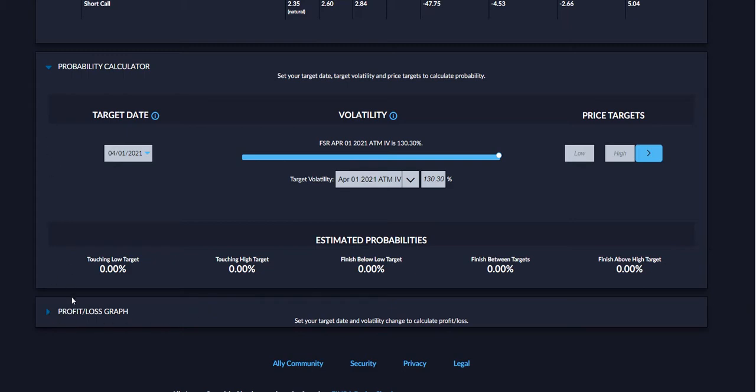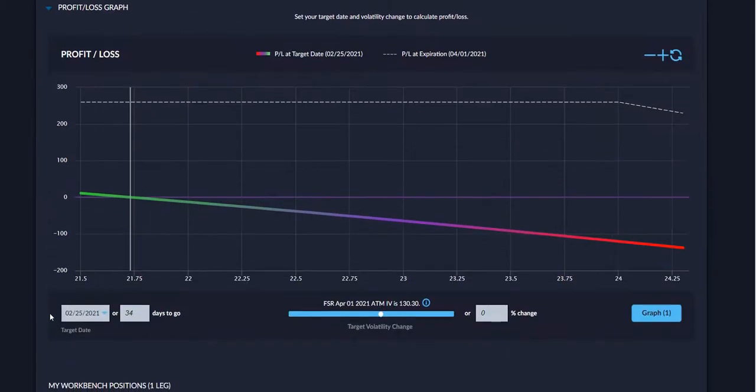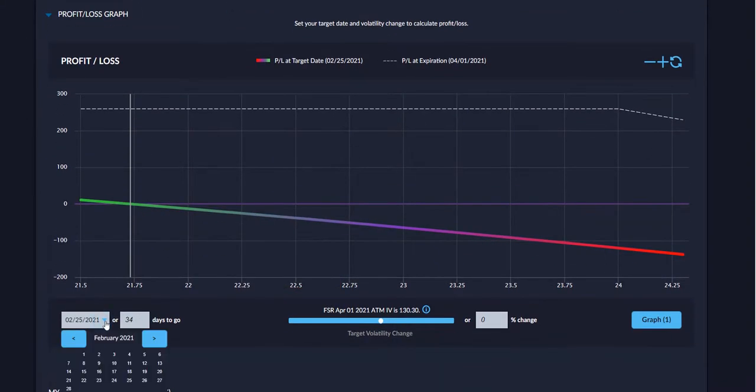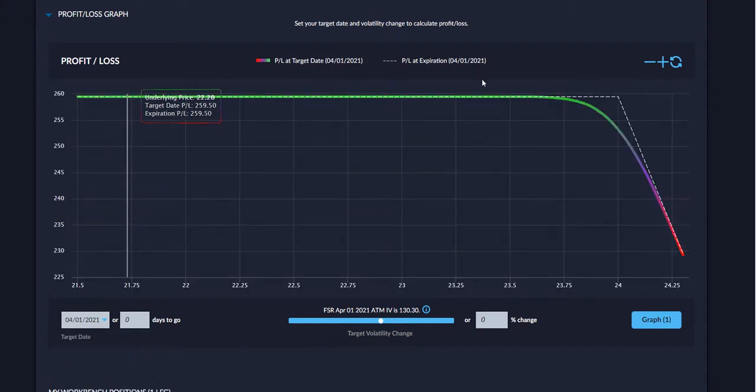Now, the best part about it as well is you get that profit loss calculator. And once again, it already has everything populated inside. Go to April 1st. And then it shows you, I'm thinking this is accurate even though we're not in market hours, but when you put in the information down below, it will give you what you need to be seeing with your profit and loss.